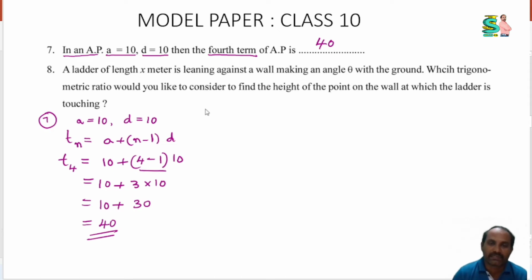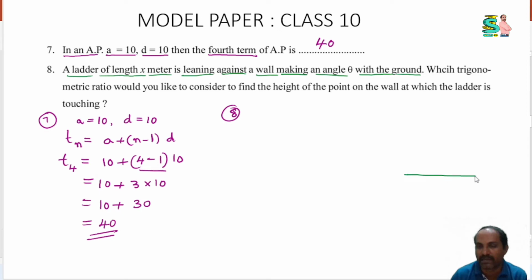Now the eighth question. A ladder of length x meters is leaning against a wall, making an angle theta with the ground. So one ground is there. We should draw the diagram.